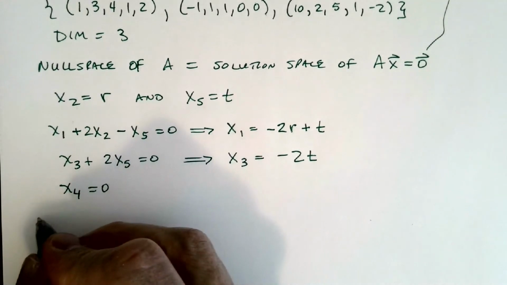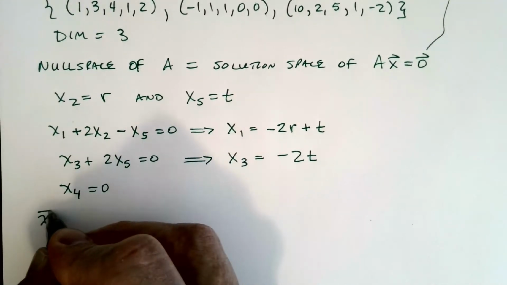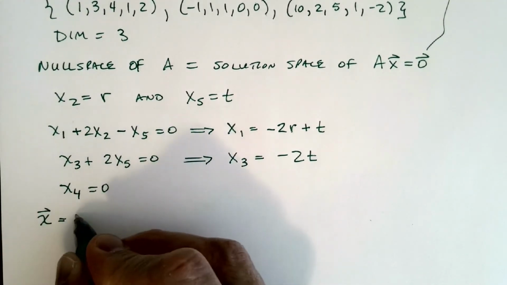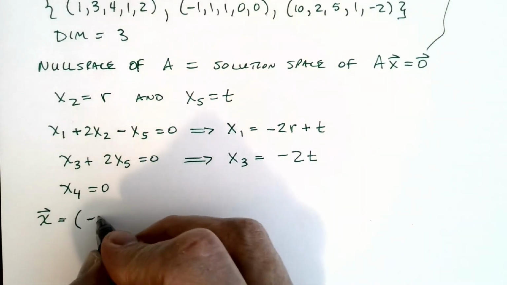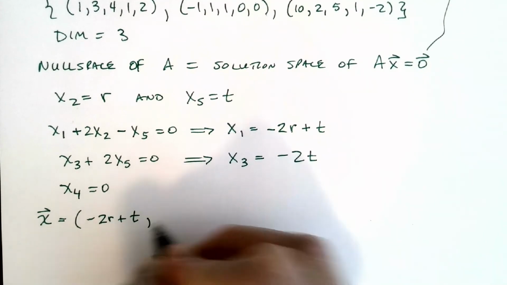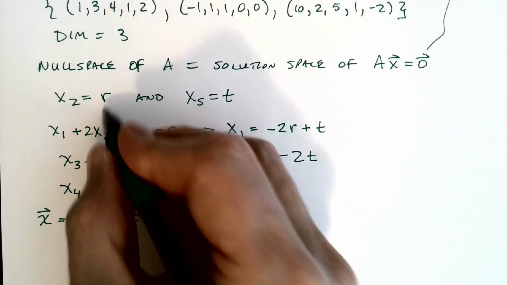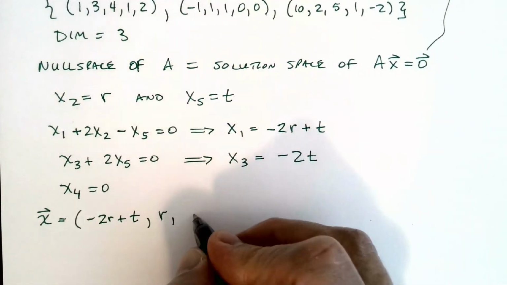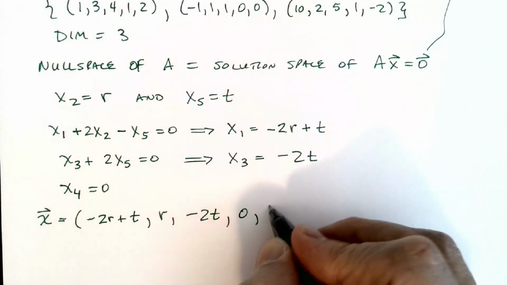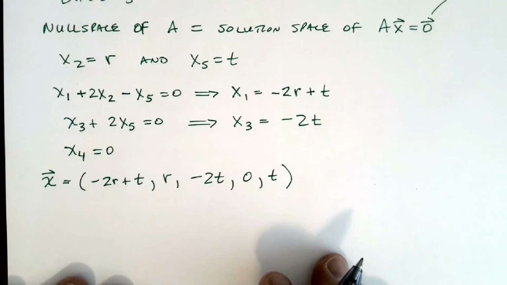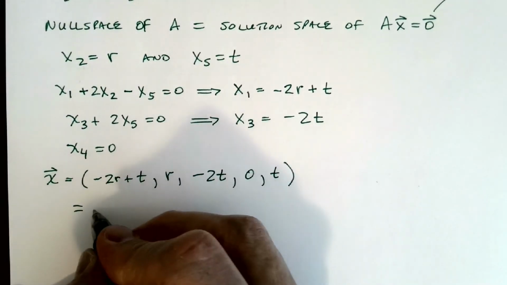All right. So we have done this before, right? We're just solving the system. And what is it? It's an ordered 5-tuple. X of 1 is negative 2r plus t. X of 2 is r. X of 3 is negative 2t. X of 4 is 0. X of 5 is t. Then we're going to break this up. Do you remember how we do this?